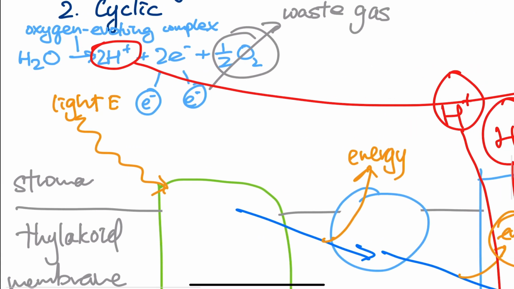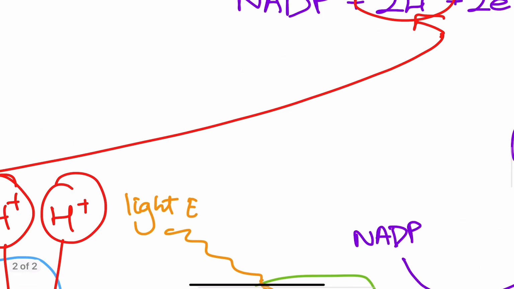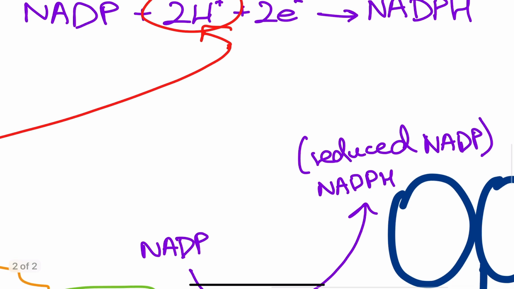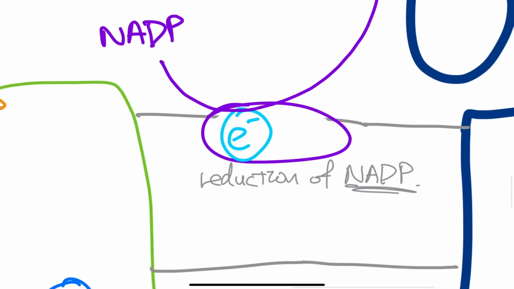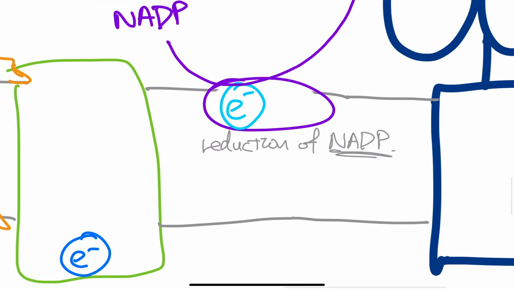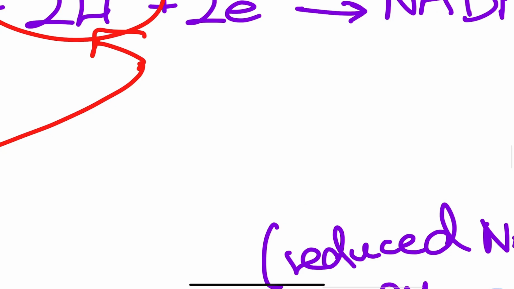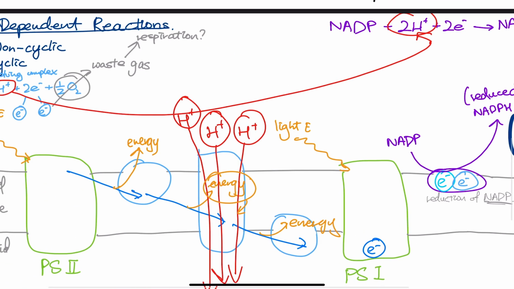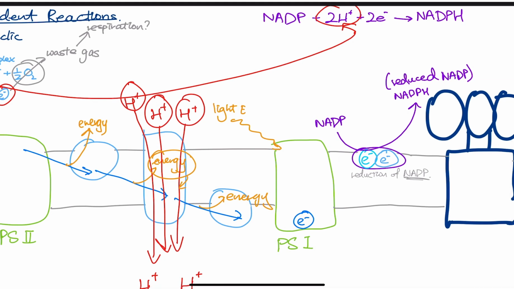So the photolysis of water supplies the reduction of NADP with 2 hydrogen ions. And one of the electrons that is going to be part of the reactant in the reduction of NADP comes from this electron, which is also produced in the photolysis of water.